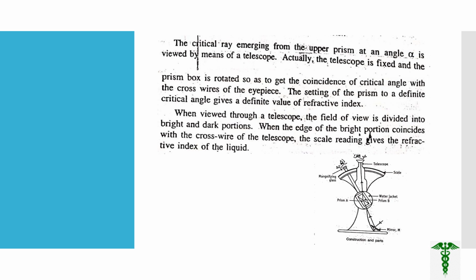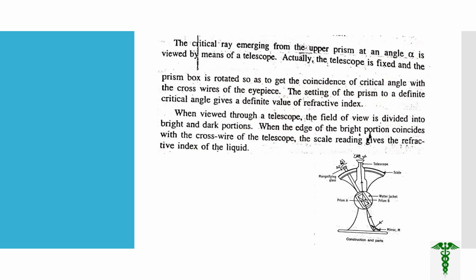Actually, the telescope is fixed and the prism box is rotated. We get the critical angle with the help of the cross wire of our eyepiece, and it will give a definite value of the refractive index.